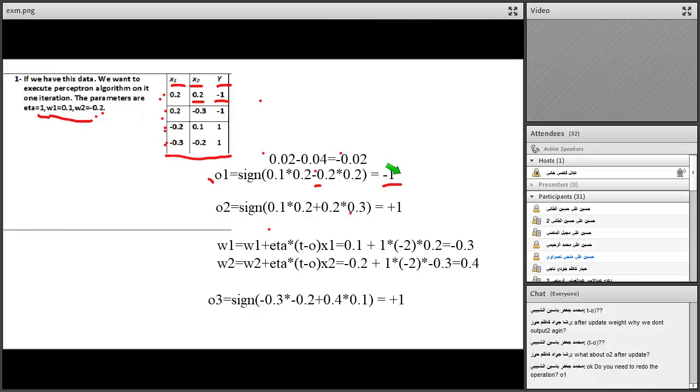Then again, we have to check O1, O2, and O3. So whenever we get a new weight, we have to check all of the other data. And if we come to a weight where for all of the data the prediction and the target are equal, then we could stop. Okay, do you understand?